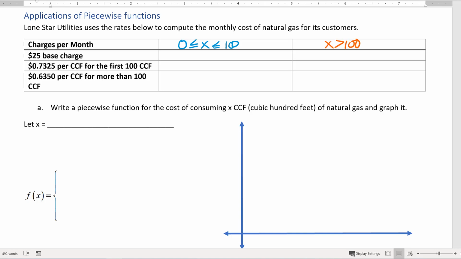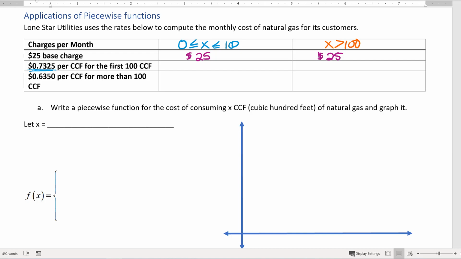Now, no matter which domain the customer belongs in, they both are going to have the $25 flat fee. Everyone has to pay that. No matter if they have less than 100 CCF or more than 100, both categories need to pay the $25. If we are in the blue domain, 0 to 100, then you have 73 cents per CCF for the first 100.